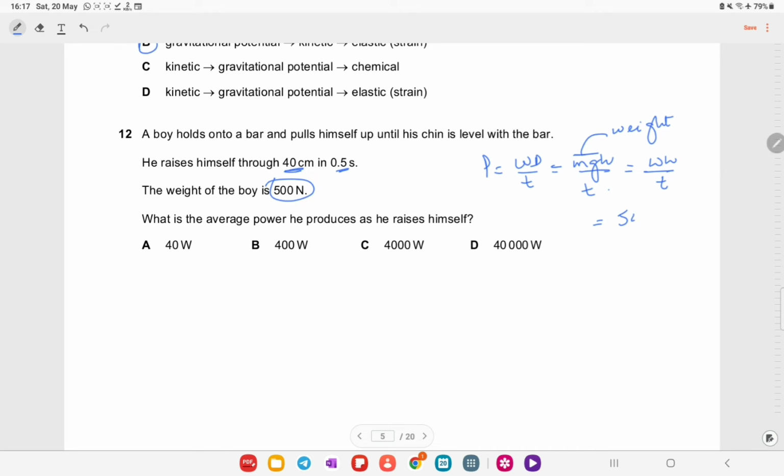So 500 times the height, 40 divided by 100 because we have to convert it into meters, and the time is 0.5, so it's going to be 400 watts. So option B is the right answer for this question.